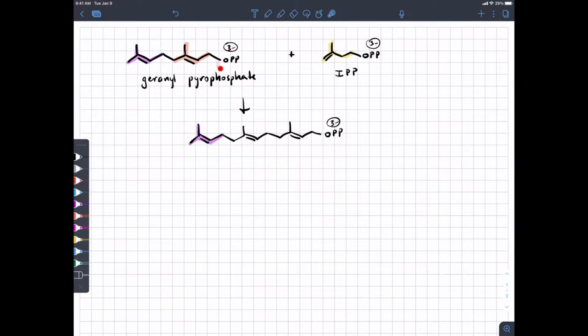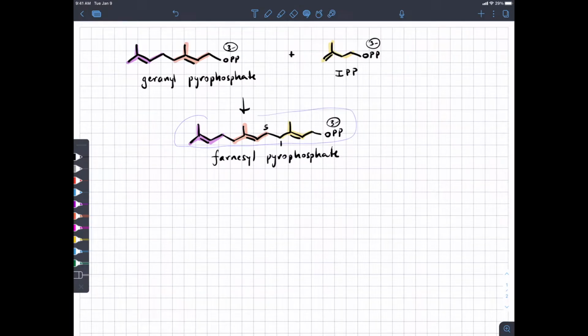The leaving group of geranyl pyrophosphate will leave to give a resonance-stabilized carbocation, and then the pi bond of isopentenyl pyrophosphate will attack that carbocation at the primary carbon to give you a new bond between carbon 5 of the orange unit and carbon 1 of the yellow unit, and then there'll be a subsequent elimination reaction that puts this double bond in the right place, and this molecule is called farnesyl pyrophosphate. Okay, so drawing that mechanism should be straightforward.